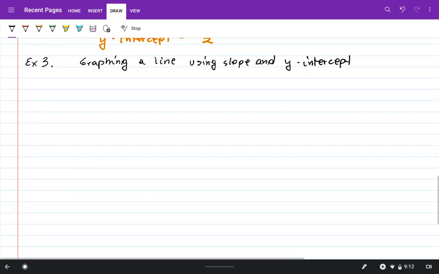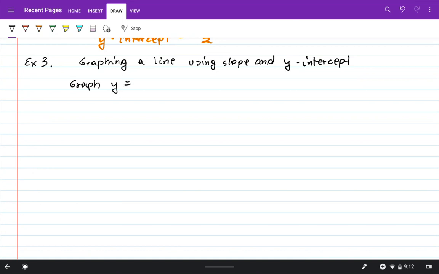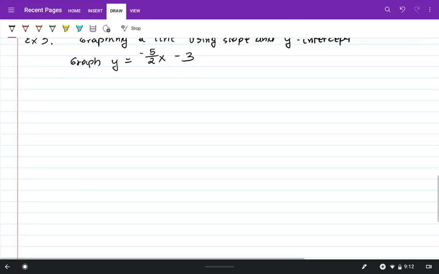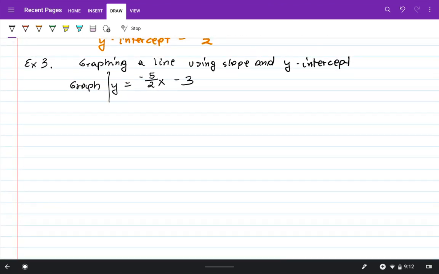Okay. So this is the problem. Graph y equal negative 5 over 2x minus 3. Okay. So this equation is in slope-intercept form.